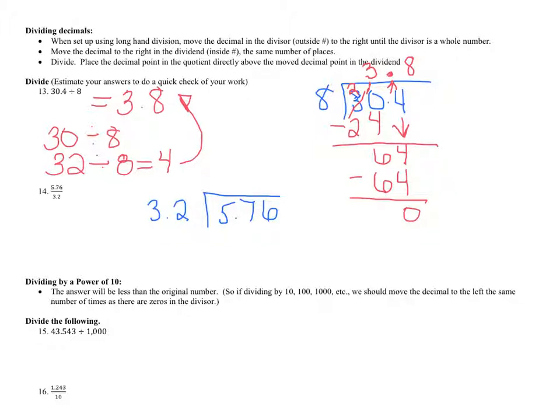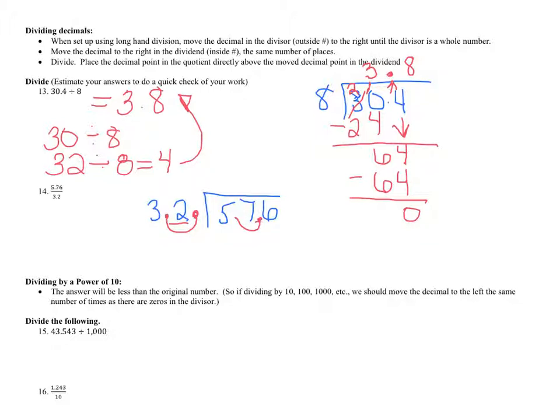Well, in this example, my divisor, 3 and 2/10, has 1 decimal place. So I need to move that decimal place over by 1 to make it the whole number 32. Well, if I move the decimal place there, I must also move the decimal place inside my dividend. So rather than 5 and 76 hundredths, I'm going to move it in to be 57 and 6/10.